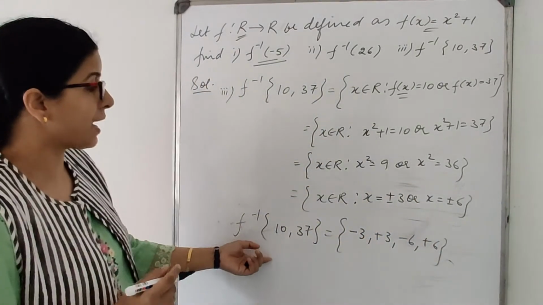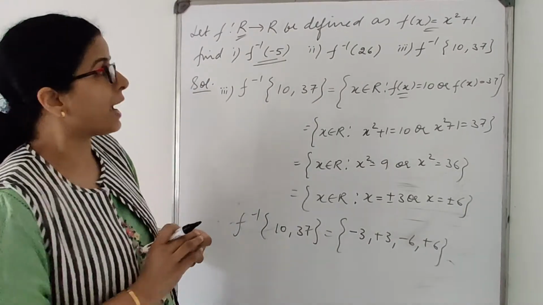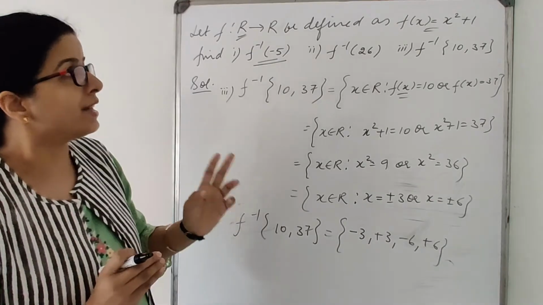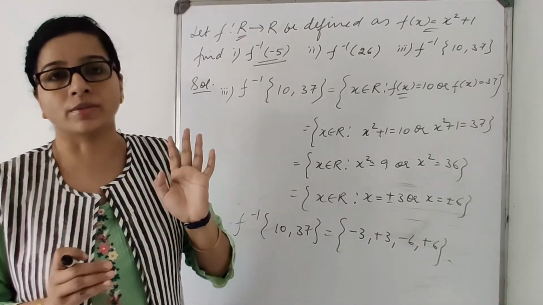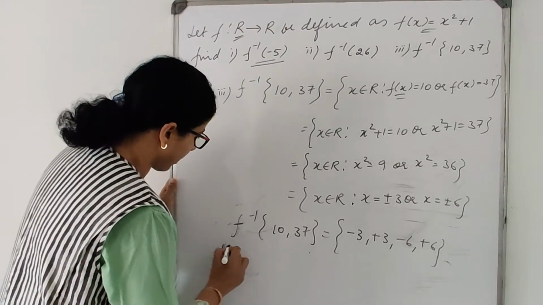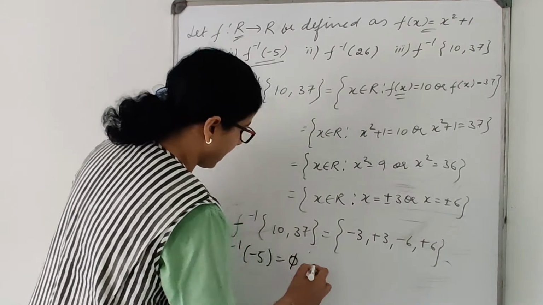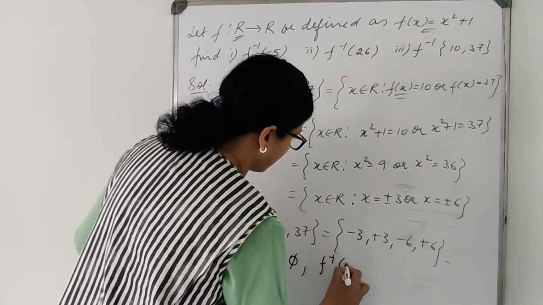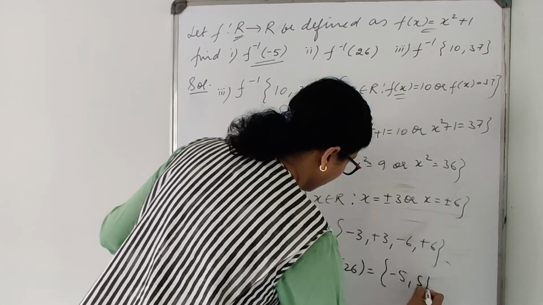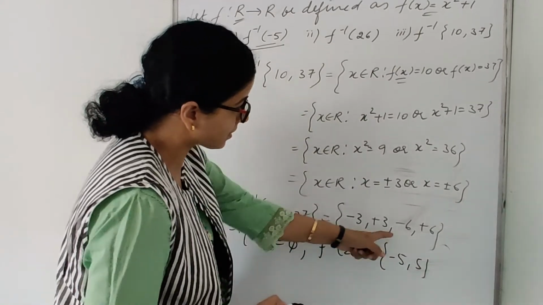So what does that imply? From the previous results, we can say that my function was not an onto function, as well as it is a many one function. It is not one-one also. So the values which I have got: f inverse of minus 5 was the empty set, and f inverse of 26 was minus 5, 5, and f inverse of 10 or 37 is these values.